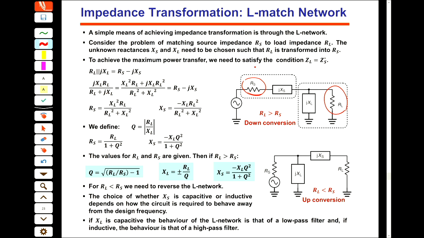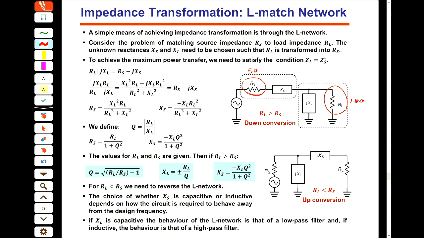Assume, for example, this is 50 ohm, this is 100 ohm, and I want to match these two in such a way that we get maximum power transfer from the source to our load with only reactive components. I don't want to put any kind of resistor here, because resistors are lossy and they consume power. So just by the reactances, which store energy, I try to match these two resistances together.